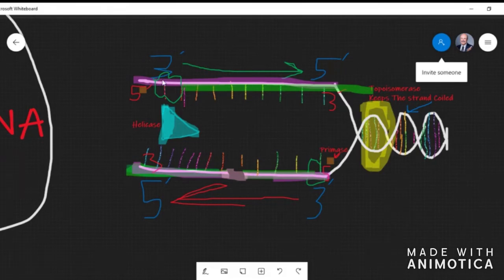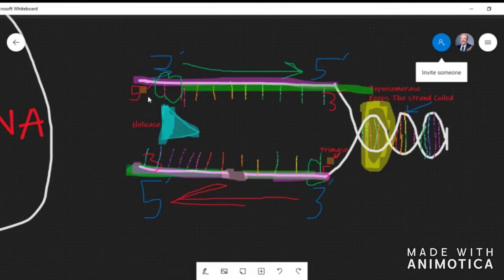It can only do that in a 5 to 3 prime direction, depending on the direction of the 5 and the 3, which are the points in the carbon rings on the sugar in the actual DNA structure. So that'd be 5 to 3 or 3 to 5.